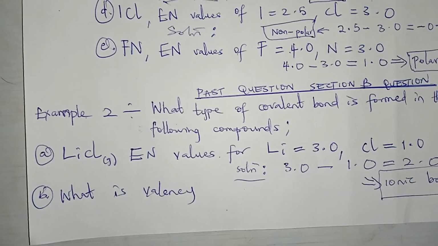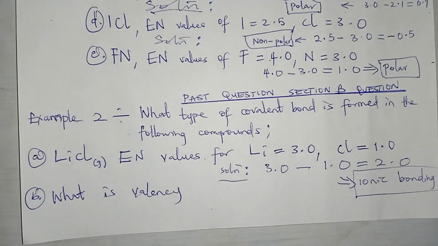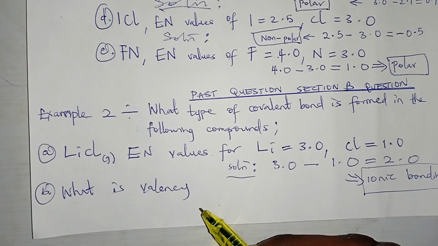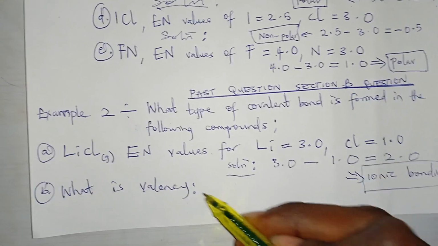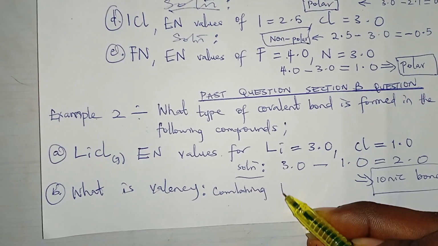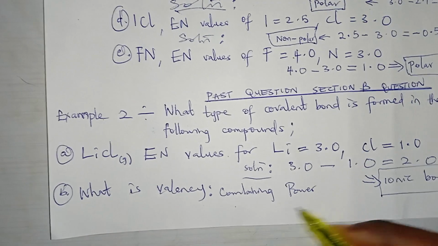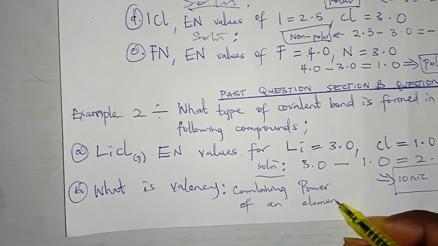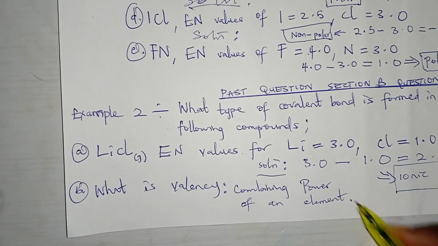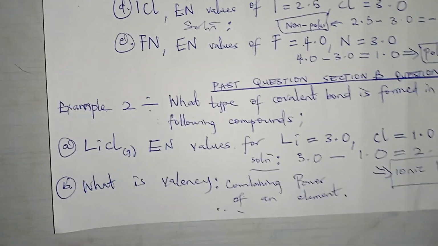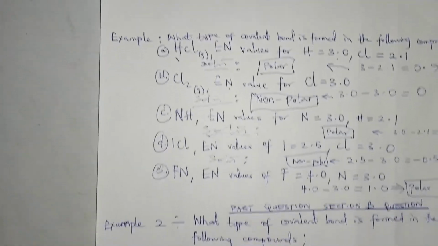But when they ask you how many electrons it needs to attain octet, it's 3. So you see it. The combining power of an element is called valency. Valency is the combining power of an element, or you can say it is the number of electrons in the outermost shell. So whichever way it makes sense to you.